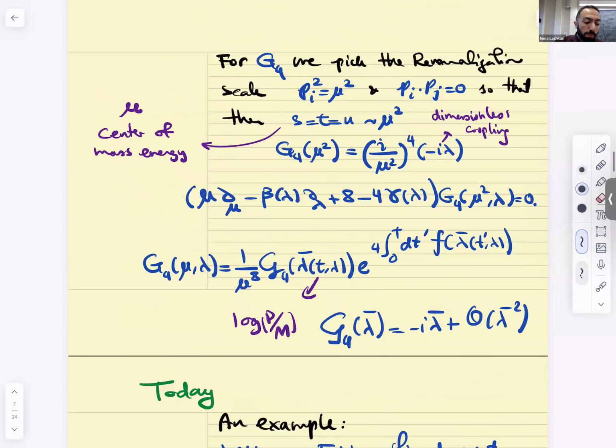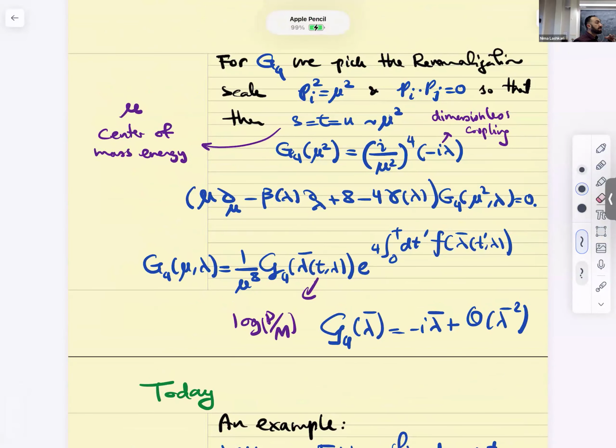All right. Now 4-point functions. If you have a 4-point function, there are 4 incoming legs, right? We saw that in perturbation theory, for the 4-point function, the scale that's relevant is the center of mass, so that's the S variable, the Mandelstam variable.